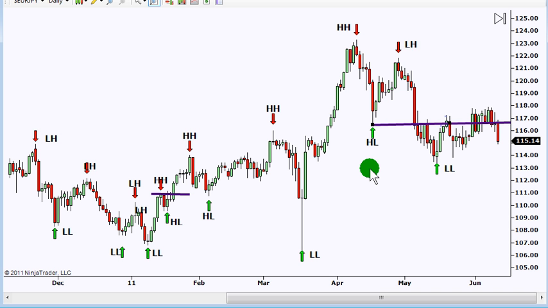But now here's the problem. This trend is getting kind of sloppy now, isn't it? Look at this. What this market is doing now, it's kind of chopping around. It's making lower highs, higher lows inside the previous lower high, lower low.